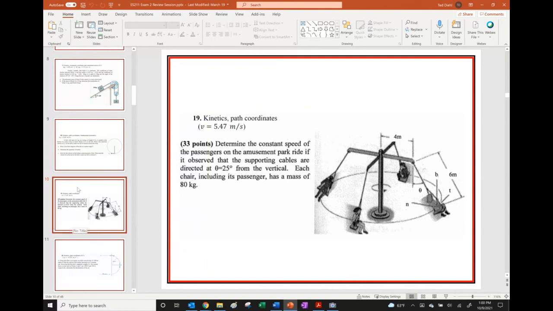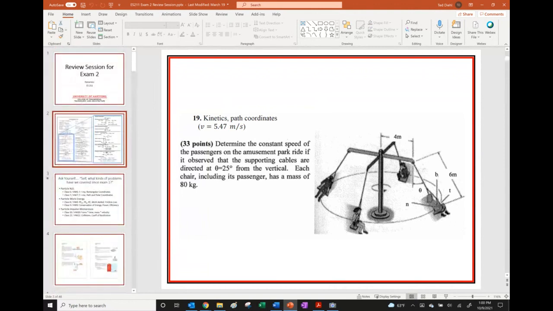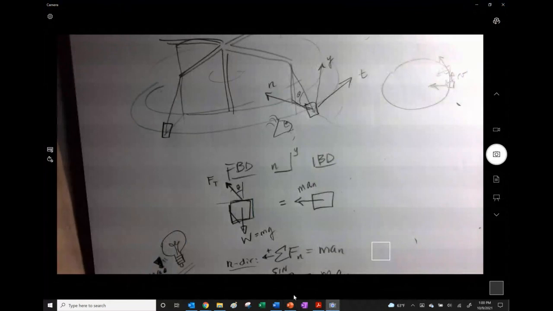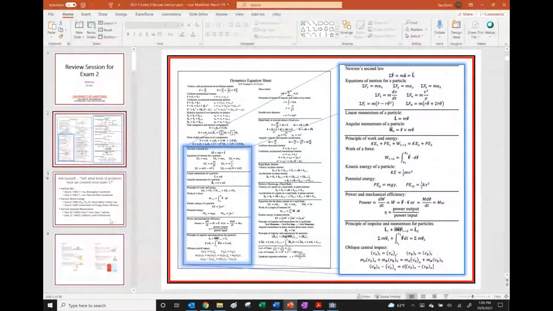But at the same time, if you ask me during an exam what kind of problem this is, what I usually do is nudge you and say, maybe you want to take a look at these equations right here, right? So this is the one that we were using for that problem. Yes, sir. But this is an excellent question, by the way.